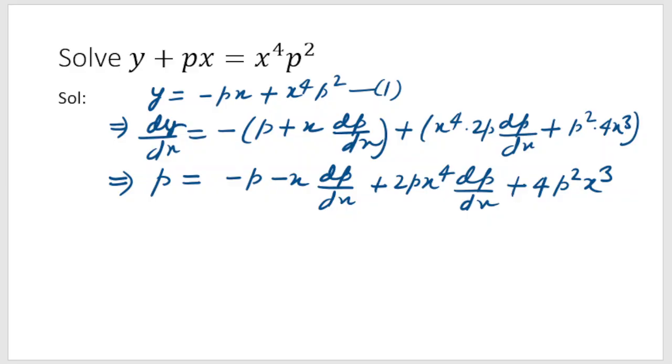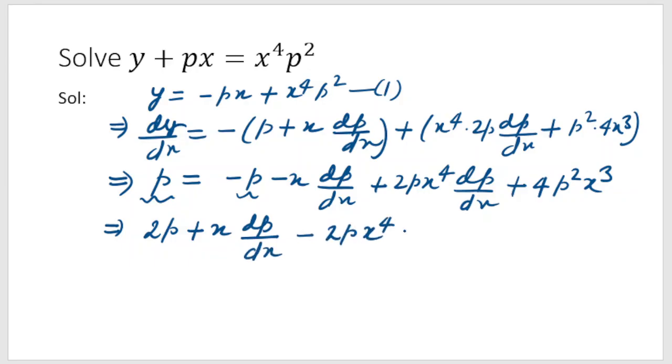Okay, now what we have to do, we have to simplify it to get the equation in terms of p, x and dp by dx. So I think you are smart enough to see that I can bring everything to the left hand side. So we have p here, we have minus p here, so I will get 2p and plus x dp by dx and minus 2p x to the power 4 dp by dx and minus 4p square x cube is equal to 0.